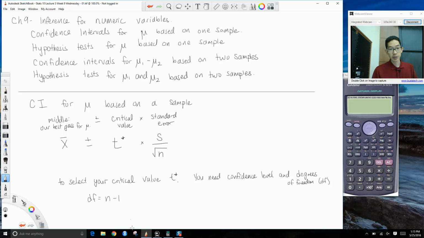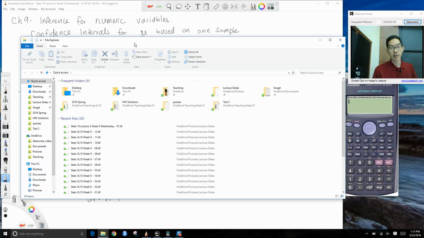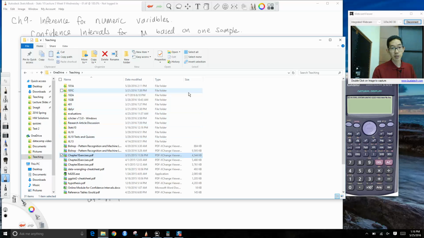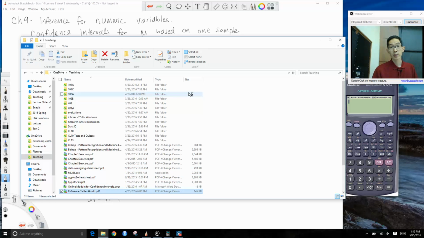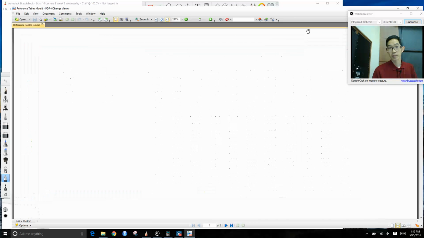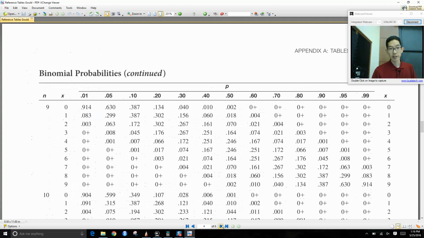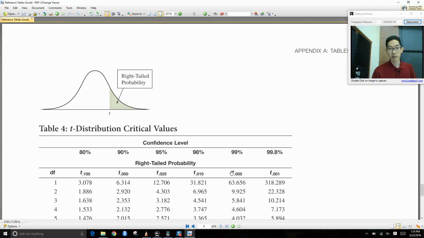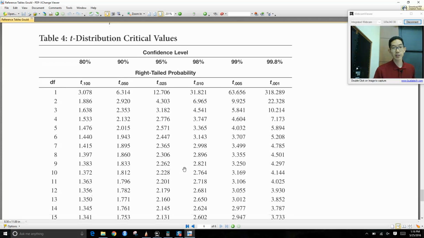So let's say you had a sample size of 15 and a 95% confidence interval. With a sample size of 15, you would have 14 degrees of freedom, n minus 1, and at the 95% confidence level, you go to the column that says 95% and use 2.145.